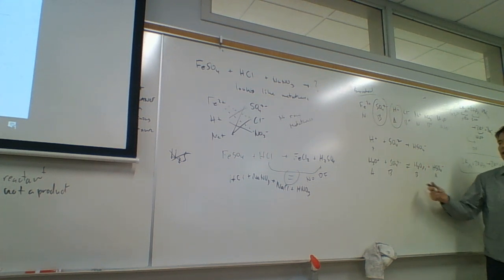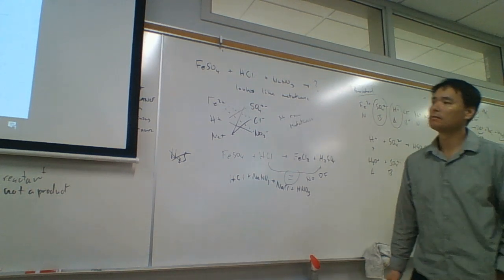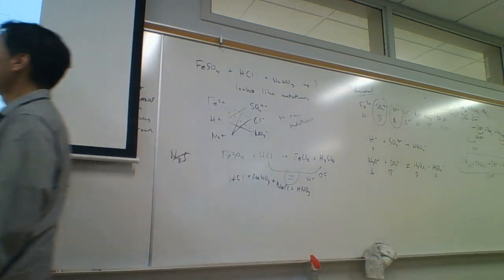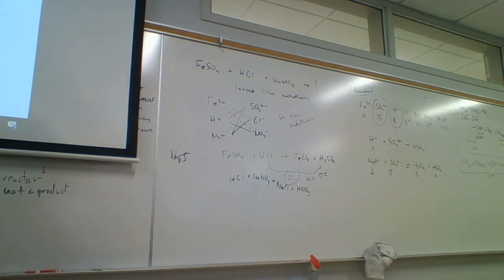Then we compare the two acids. Which one's a better acid, hydronium or bisulfate? What's another name for bisulfate? Hydrogen sulfate. And so what's a better acid, hydronium or bisulfate?